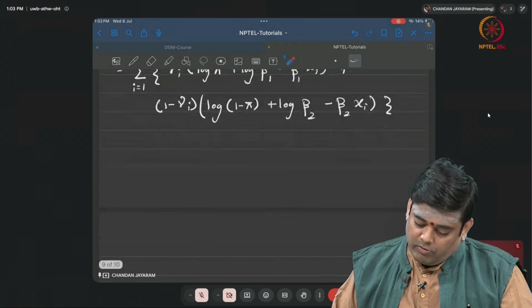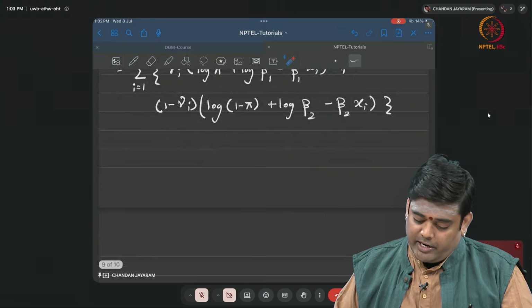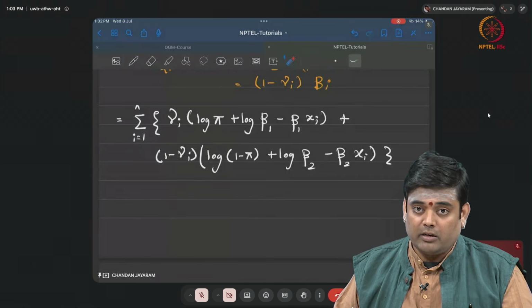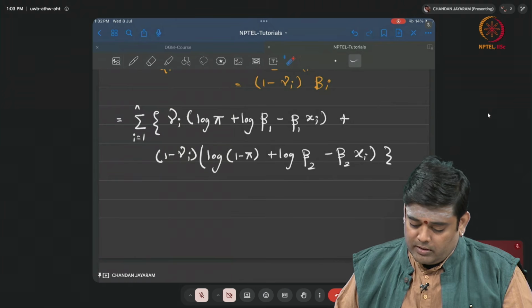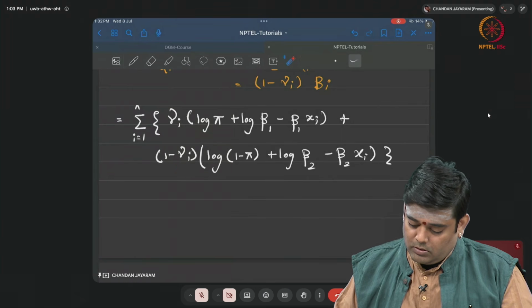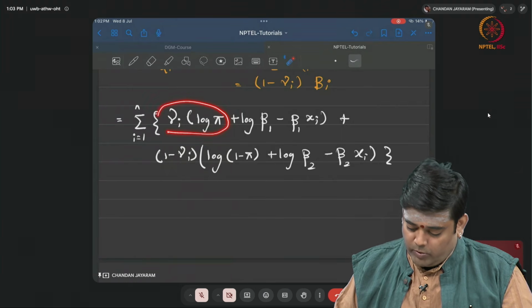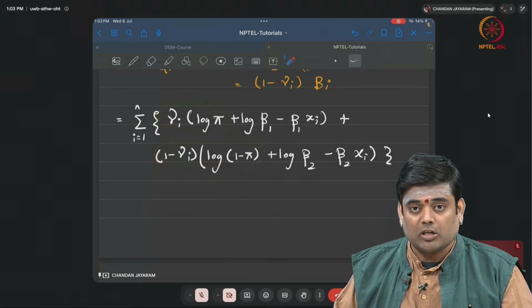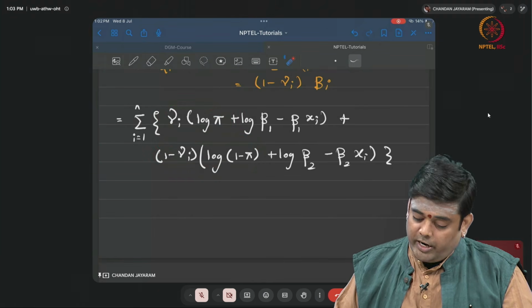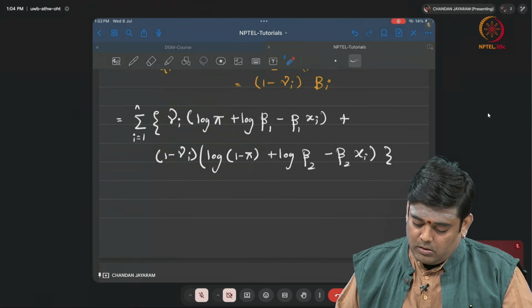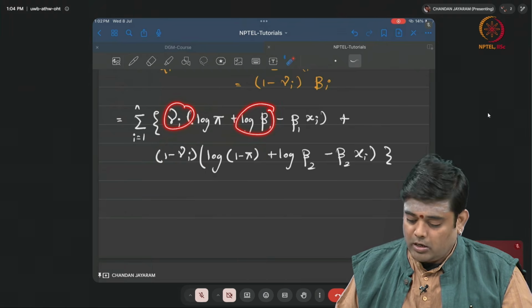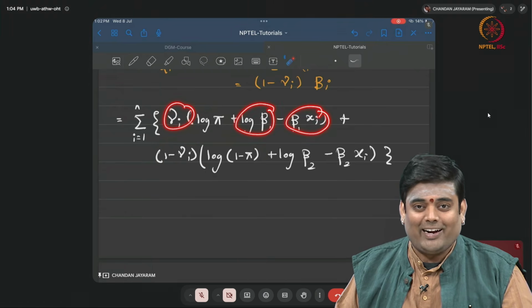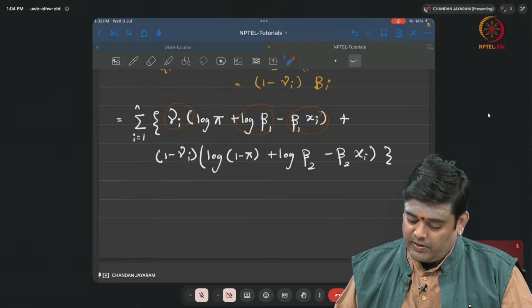Okay. So whenever you are differentiating with respect to, let us say that you take the pi term, only this term will come. You take and multiply inside, only these 2 terms will come. Okay. Now if you go ahead with beta 1, you get this multiplied by this, and this. So these terms now will come.